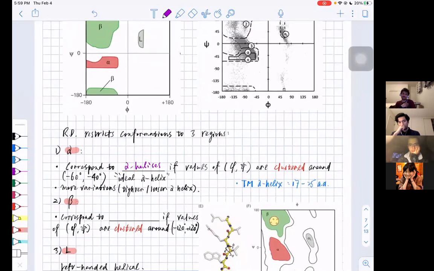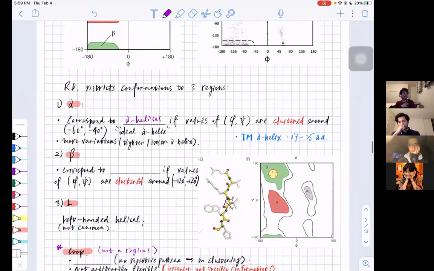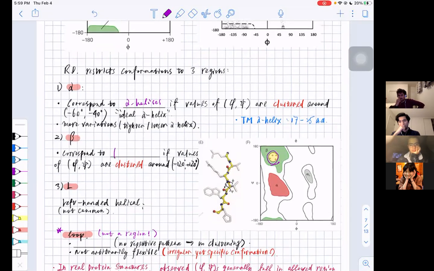One thing I really want to notice, because time is short, is that they are clustered, because you have this repetitive pattern in the alpha helix and beta strand. So you have this cluster of dots. And the beta region corresponds to beta sheets, where phi and psi are clustered around -120.